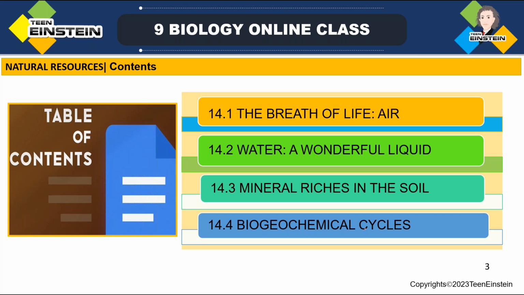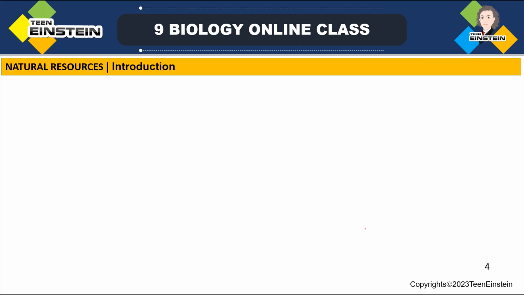For that we need to discuss air and water, minerals, then biogeochemical cycles, how these gaseous cycles exist, and how life is managed by all these things. Okay, so let's move to our chapter.